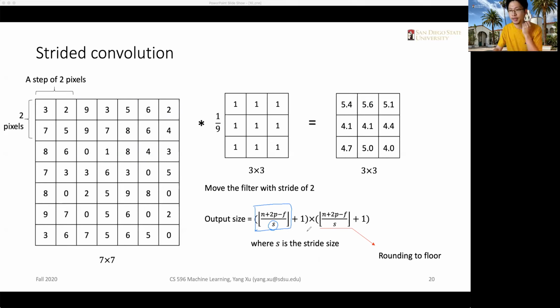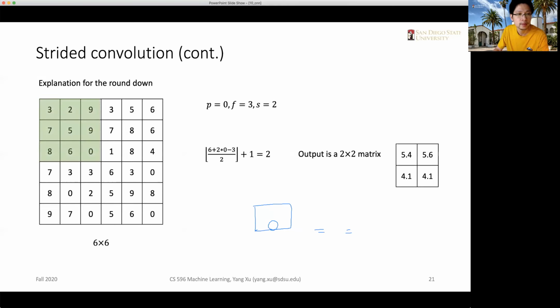In the next slide, we're going to show why we need this round-to-floor operation. Here the input is 6, the filter is 3, and the stride s is 2. Using the formula, (6 minus 3) divided by 2 is 1.5, and rounding to the floor results in 1, plus 1, so the result is a 2 by 2 matrix.